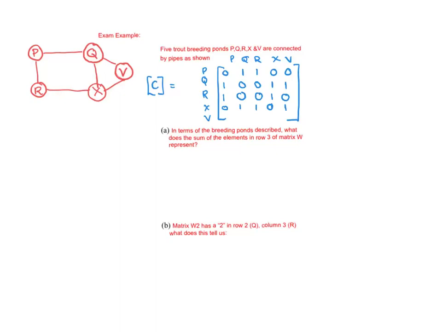V to P, 0, V to Q, 1, V to R, 0, V to X, 1, and V to V, 0. So that's your first communication matrix.